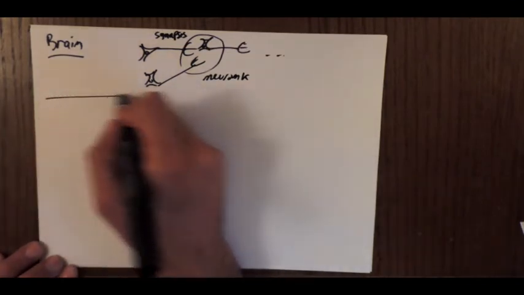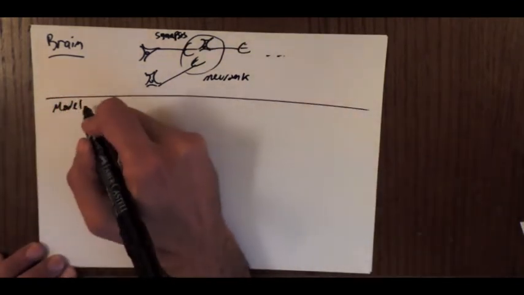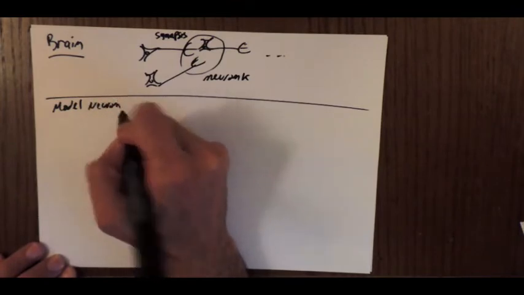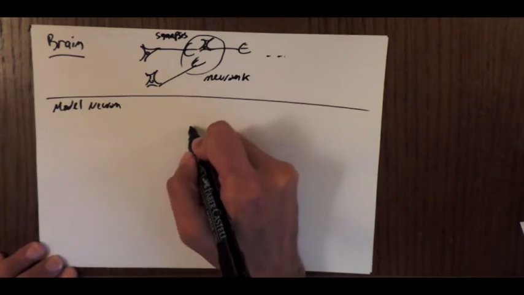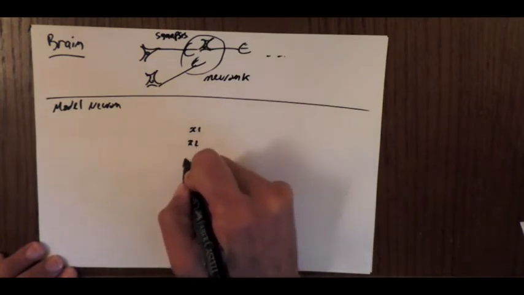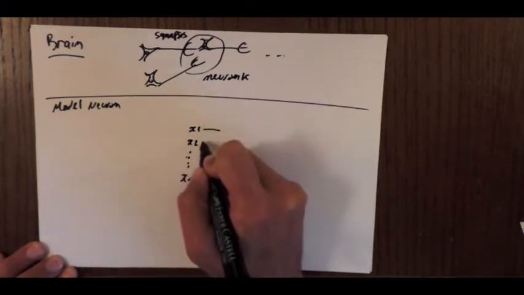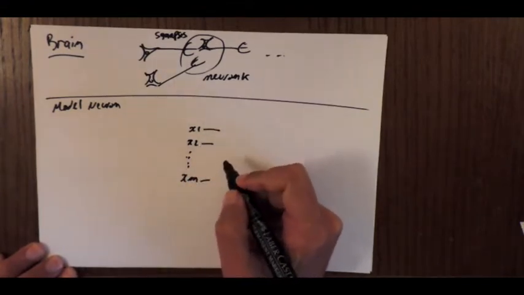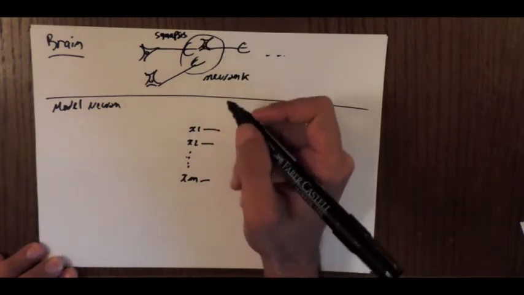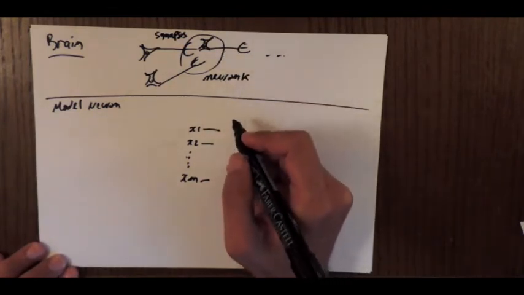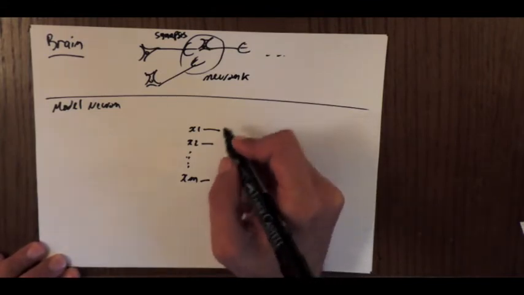So if I want to talk about a model of that neuron K, I can assume I have inputs, so I'm going to just give them names. So it's going to be x1, x2, all the way to xm. Each of them has a different influence on the other neuron. What kind of influence can we impose? We can use a weight.